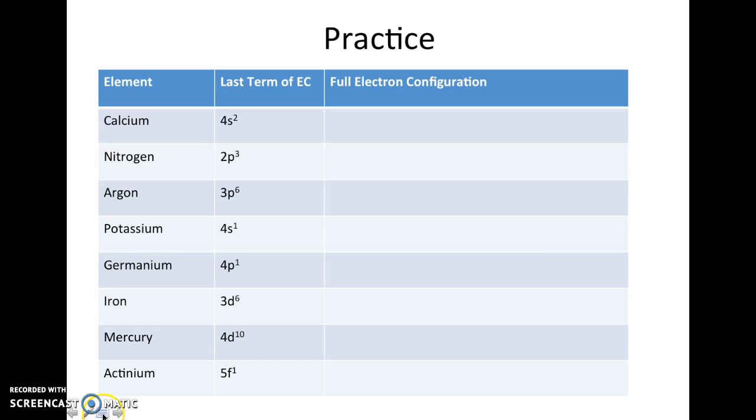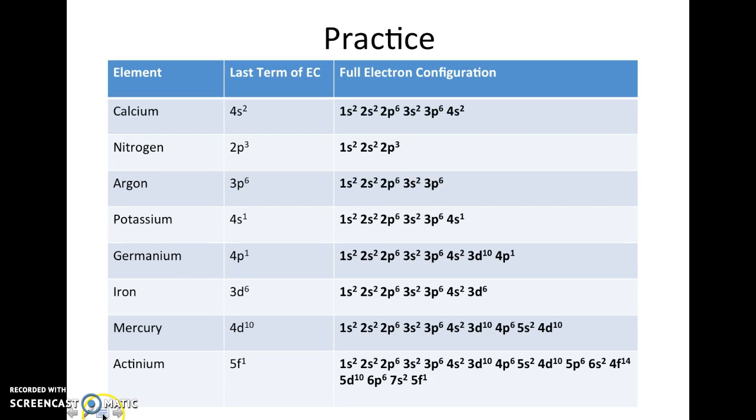It should look like this. Now I wanted you to go through using your periodic table to write the full electron configuration. Pause the video. You should have written out your full electron configuration, and here are the answers.